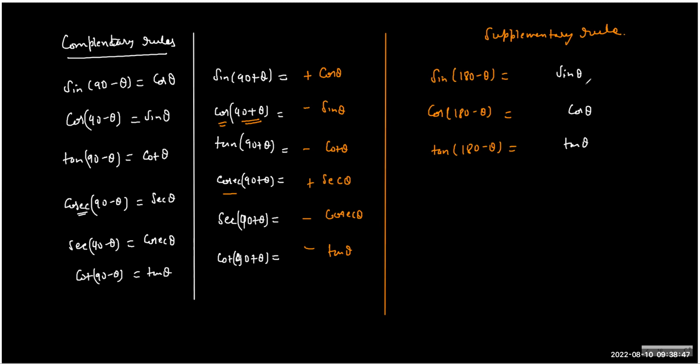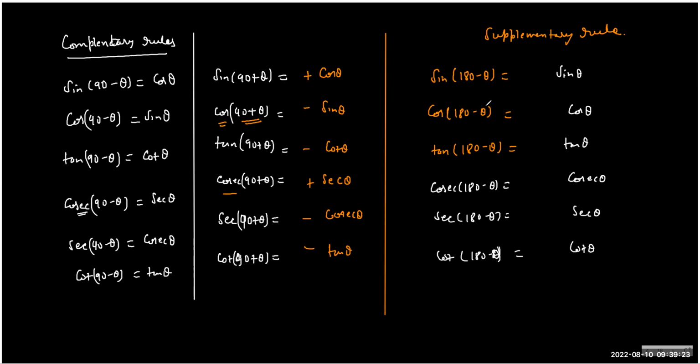So on the right hand side, when it is the supplementary rule, the sine, cos, tan will remain what they are. The cosec, cot, sec will remain the same. Nothing will change. So cosec is cosec, sec is sec, all are very simple. Cot is cot. The only difference is the sign.